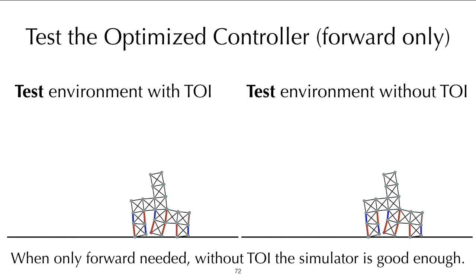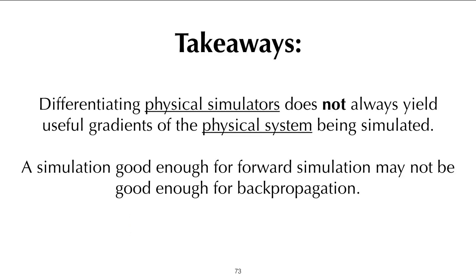But if you want to evaluate the gradients, then you do need more fixes to the simulator by adding time of impact. So the takeaways here are: differentiating physical simulators does not always yield useful gradients of the physical system being simulated. And maybe an easier description is: a simulation good enough for forward may not be good enough for backpropagation.